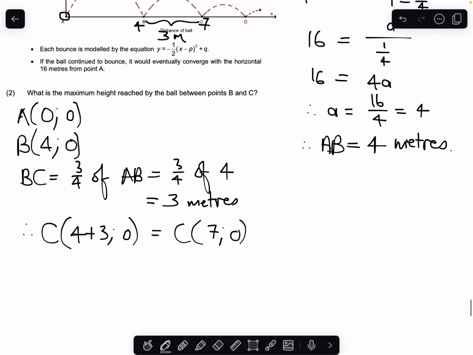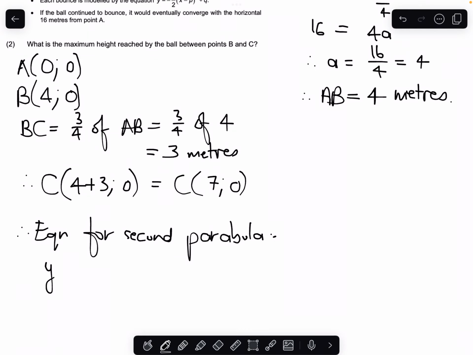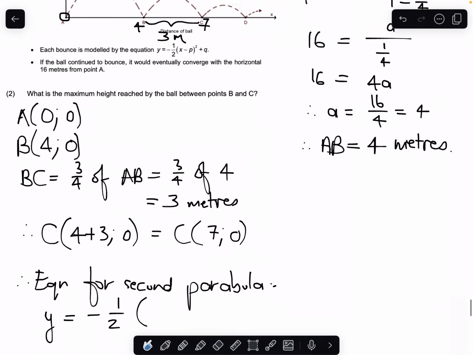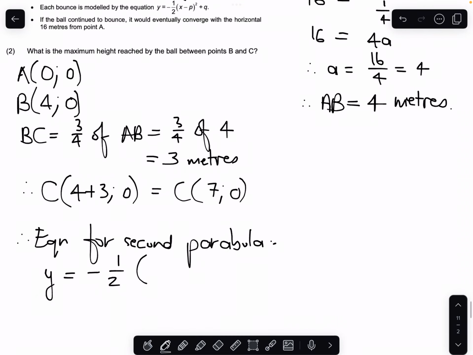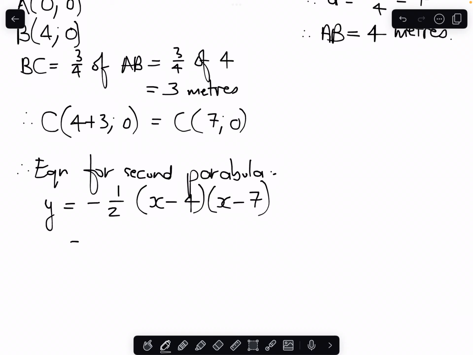So that means the equation for the second parabola will be y is equal to, we know the a is minus a half, we've been given that over here. Then we know the x-intercepts for this parabola are 7 and 4, so it's going to be x minus 4 in the one bracket, x minus 7 in the other. I'm going to multiply them out.